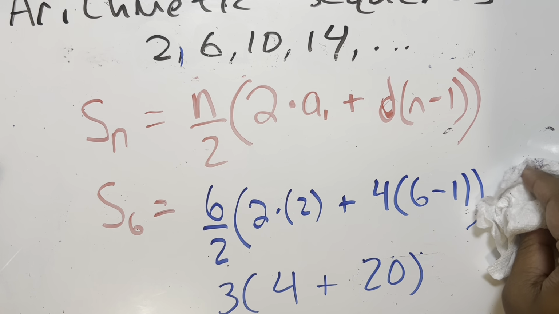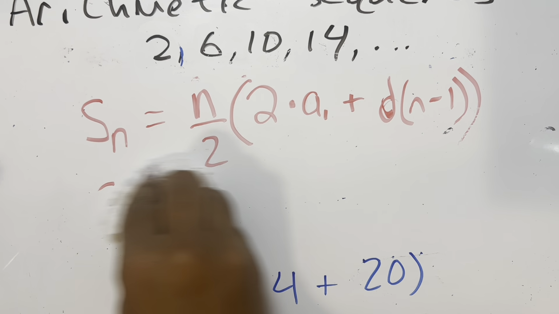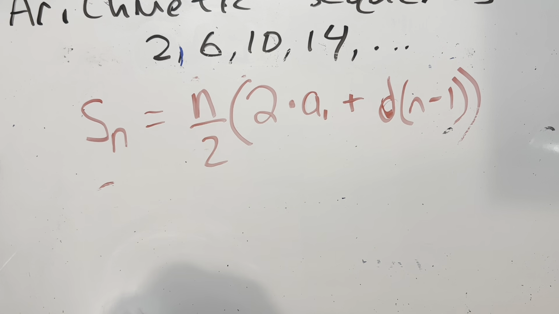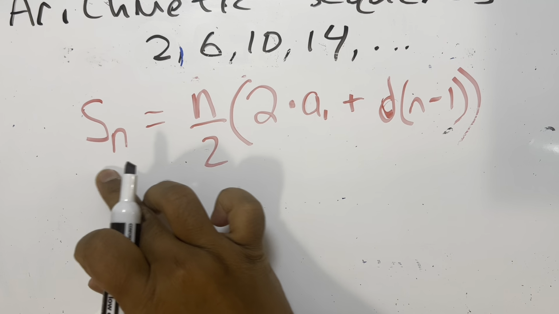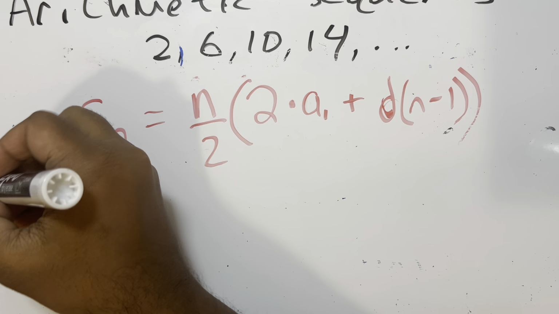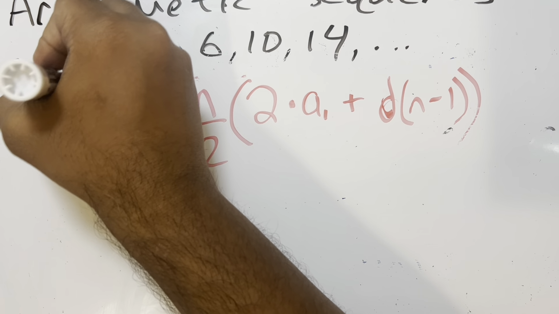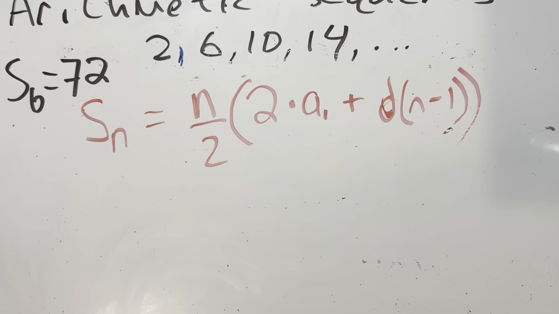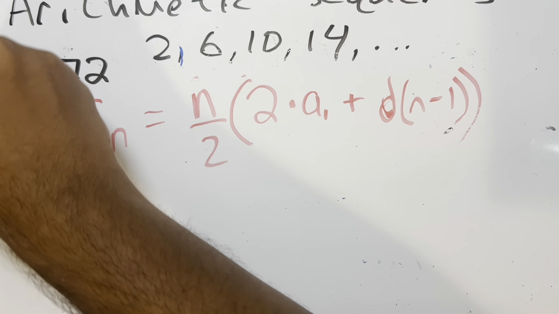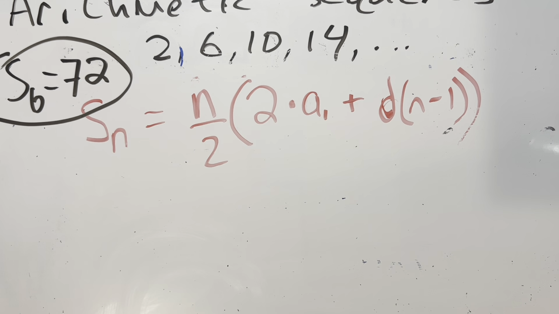Now I want to show you why this works. All right, so I have, just keep the formula here. I'm just going to write here on the side, s of 6 equals 72, just for our reference, right? And that's what I'm looking for. S of 6 equals 72.